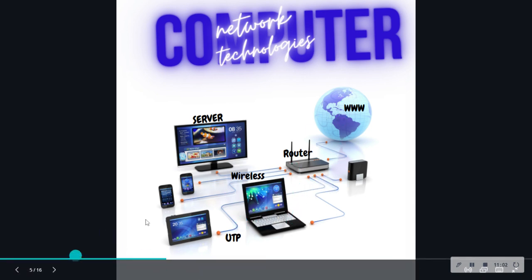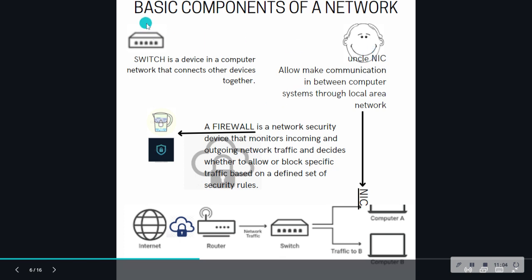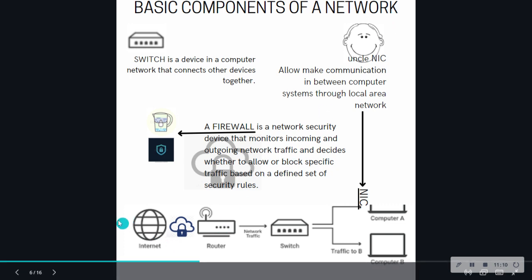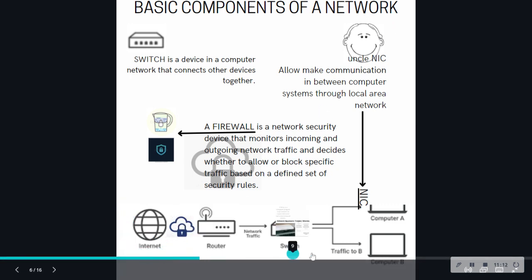Okay, so we're moving on to the next slide, which basically explains the basic components of the network. If you just have a look at the bottom picture here, you will see there are two computers, computer A and computer B, which are then connected normally with the cable that we've just said, the UTP.